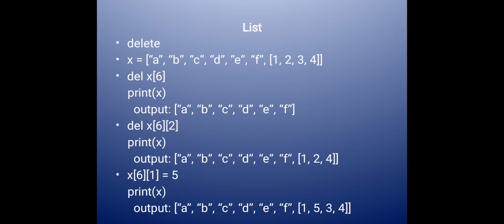Then we also said in the first slide that the list is mutable. That means we can modify the elements of the list, right? So I have assigned x of 6 of 1 is equal to 5. Then while printing x, the output will be a list of a, b, c, d, e, f, again a list 1, 5, 3, 4. So here the 2 is replaced with 5.